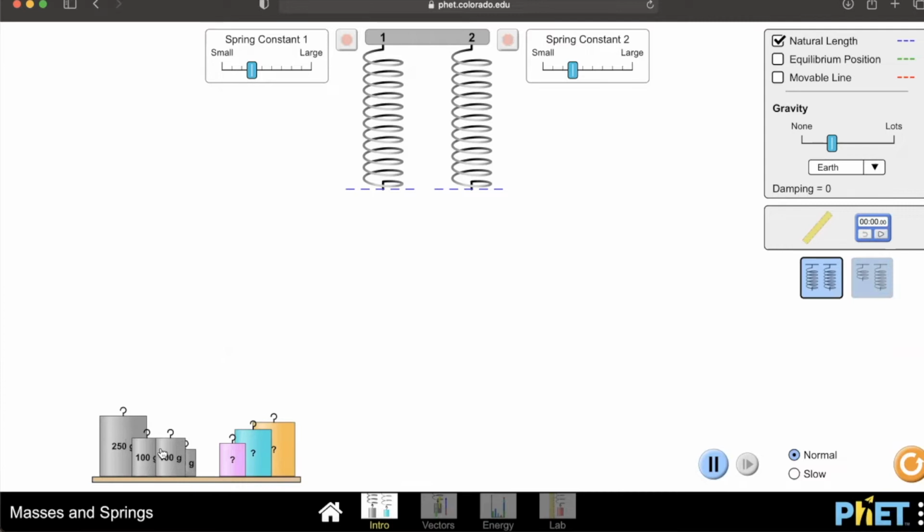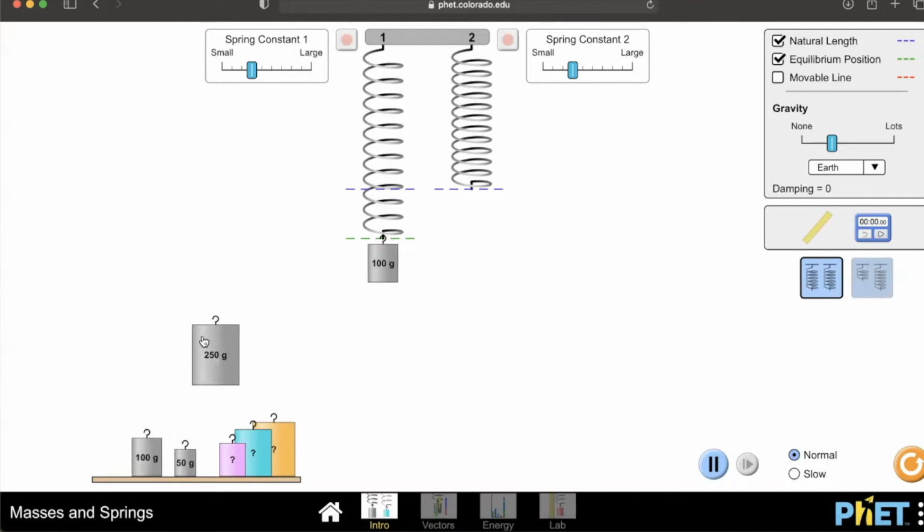We can drag a 100-gram weight under one of the springs, and it seems like this is going back and forth and it's repeating the same motion over and over again. We can check equilibrium position. This just means if we stop the motion of the spring, this is how long the spring will be.